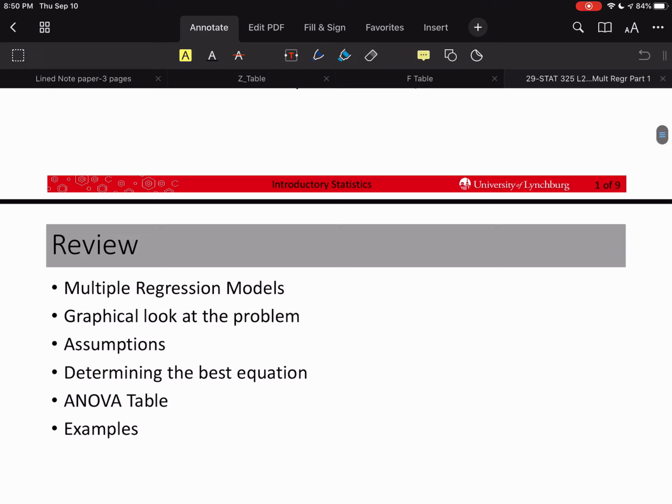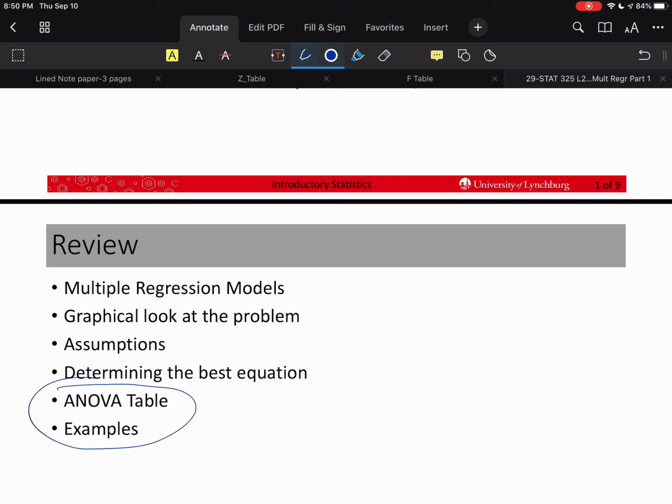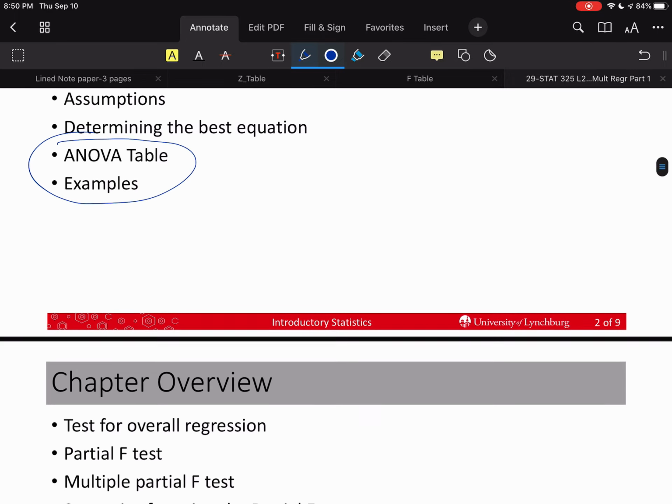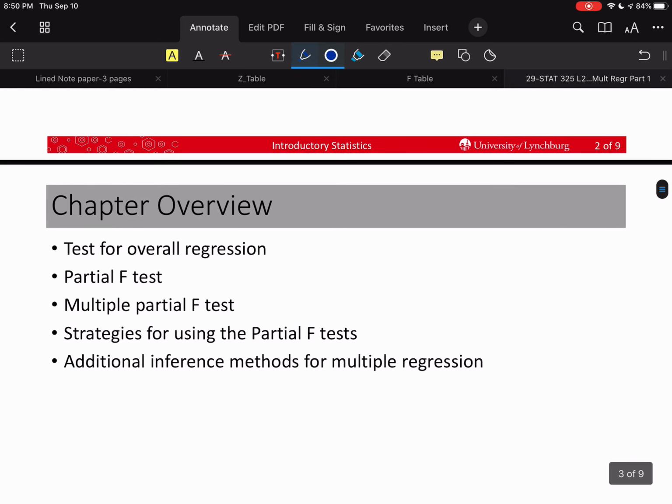So, multiple regression. Last time we talked about multiple regression. In fact, we talked about the ANOVA table and some examples. And I even talked about the hypothesis test that we were making there. But this time we're going to talk about our test for overall regression.